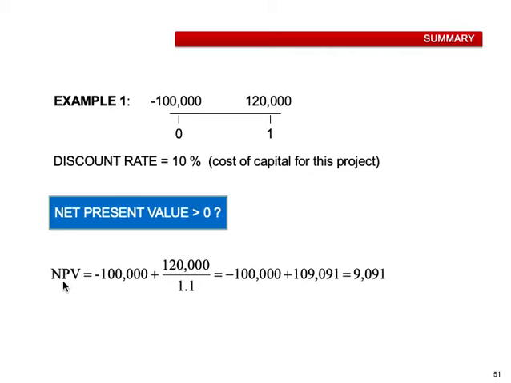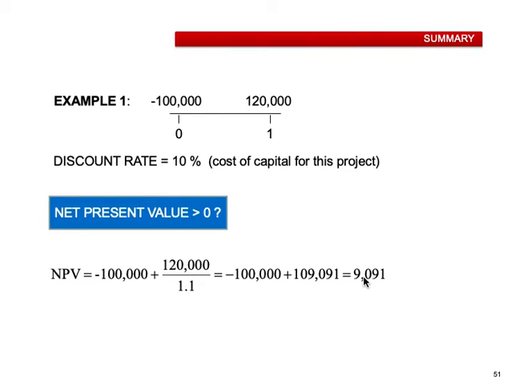Well, the NPV calculation is presented over here. This is the investment at T0, and this is the present value of the future cash flow after 1 year. So we divide 120,000 by 1.1 to the power 1. And the outcome is 9,091.